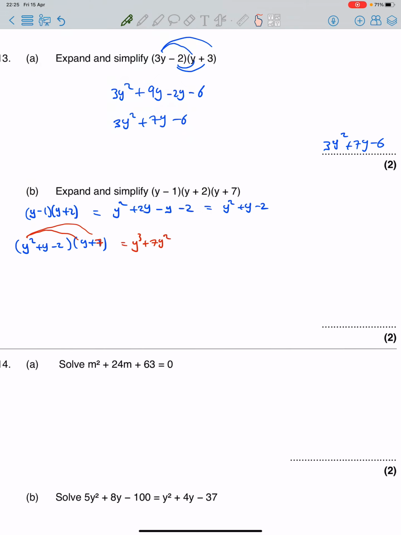Then y times y is y squared. y times 7 is plus 7y. Minus 2 times y is minus 2y. Minus 2 times 7 is minus 14.